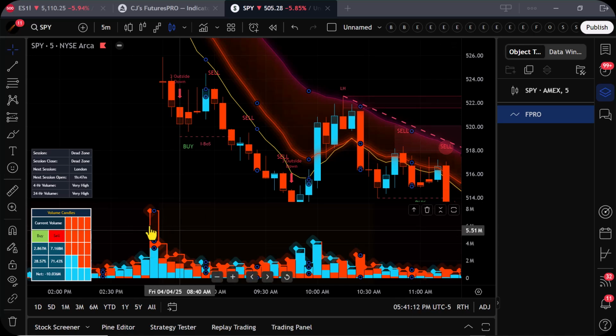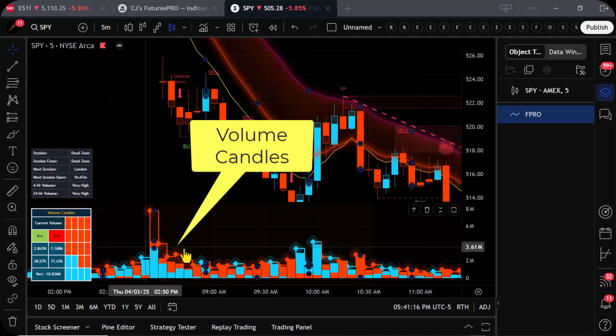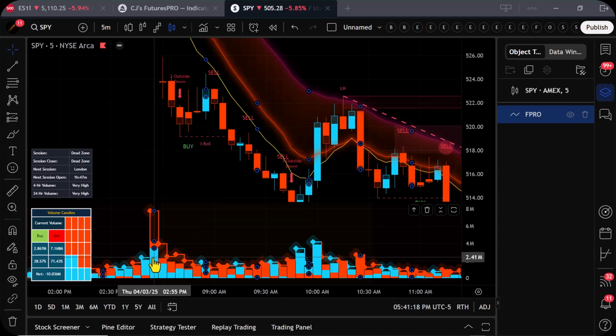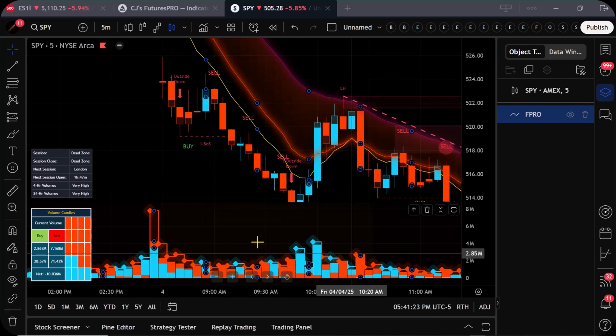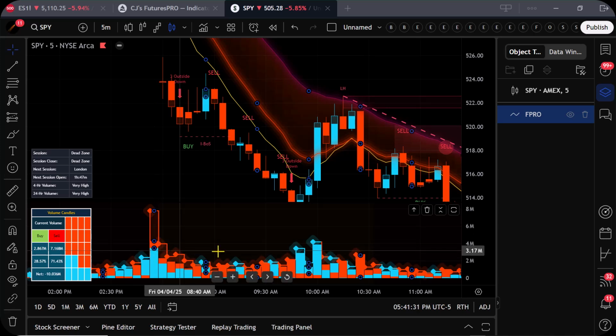Underneath here are the volume candles in representation of what that current volume is for this time frame, which is 5 minutes. So every candle here is 5 minutes. If the volume is more red or more bearish, it will be on top. If it is more bullish, which is blue here, you can change its colors again, then it would be blue on top.